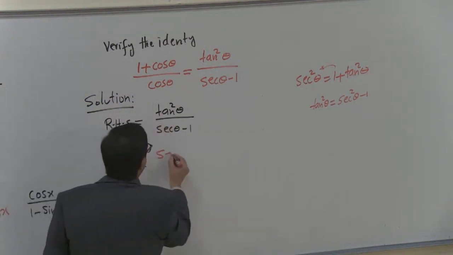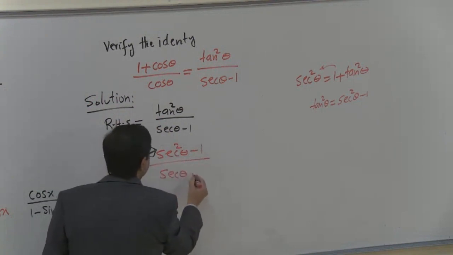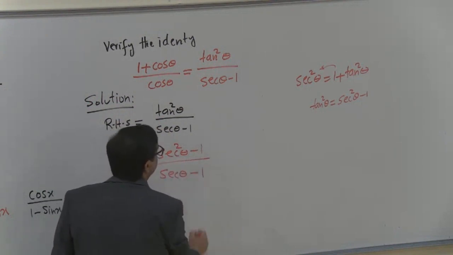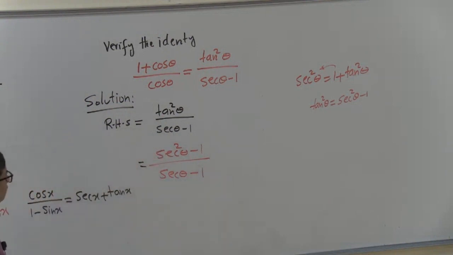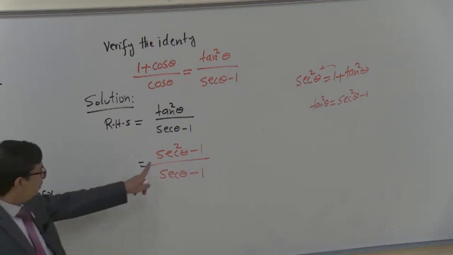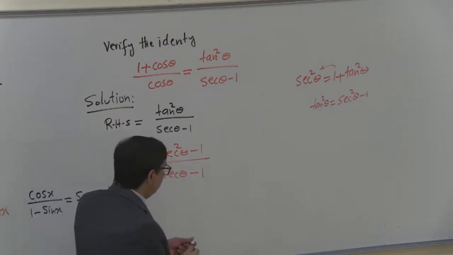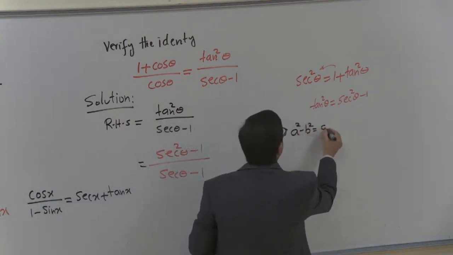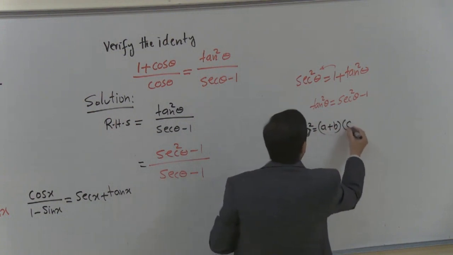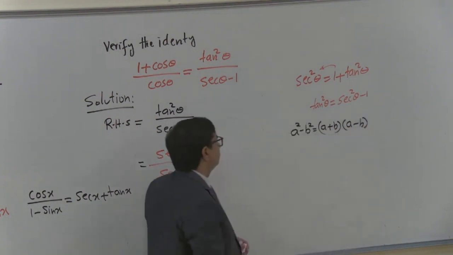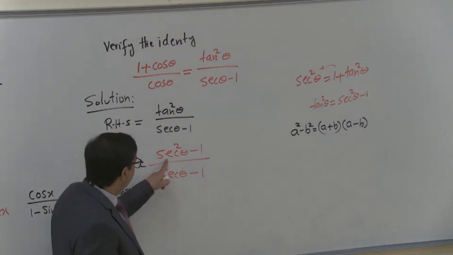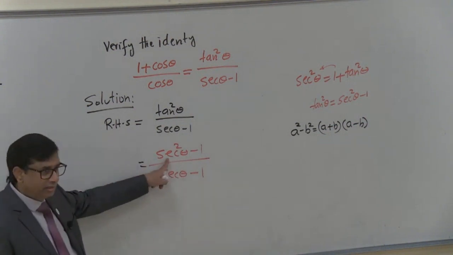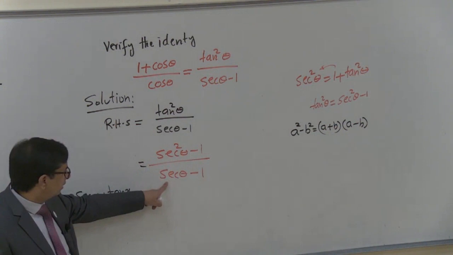So we use the formula here: secant squared theta minus 1 over secant theta minus 1. We have to simplify. This is a difference of squares, and we have a formula for difference of squares: a squared minus b squared equals a plus b times a minus b. Can we apply it here in the numerator? Because when we apply, we can cancel this factor.